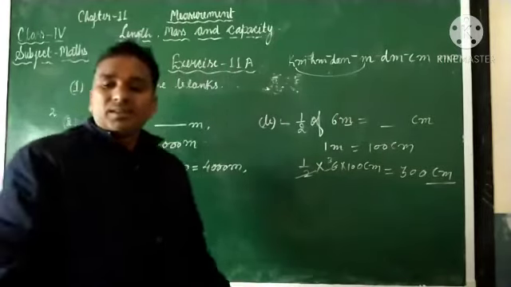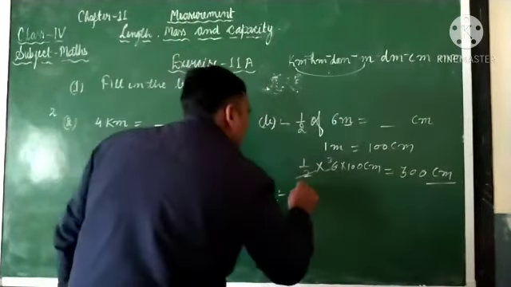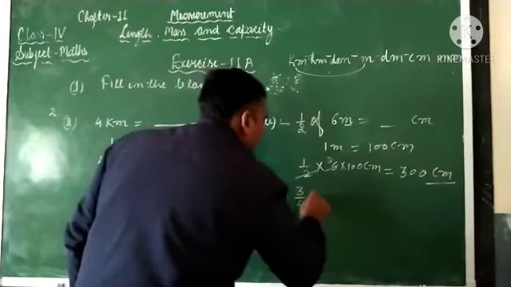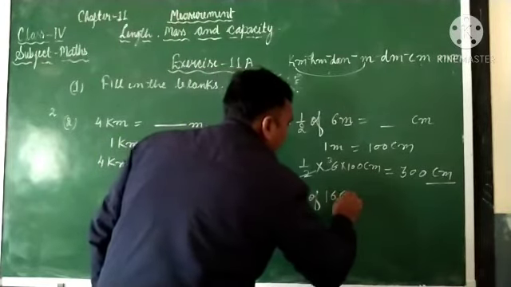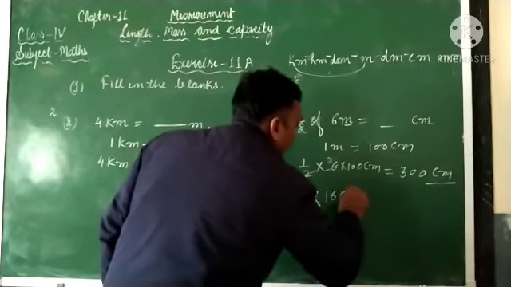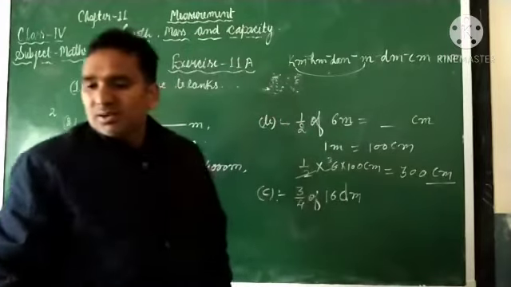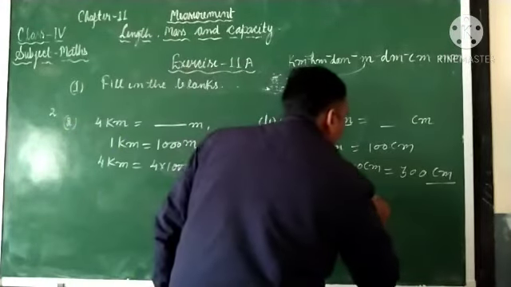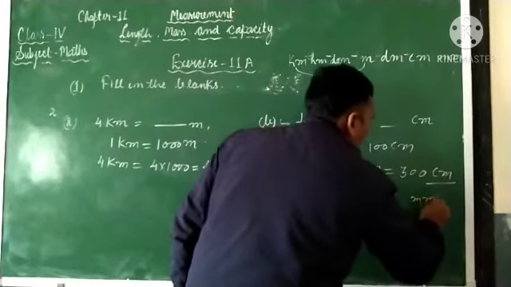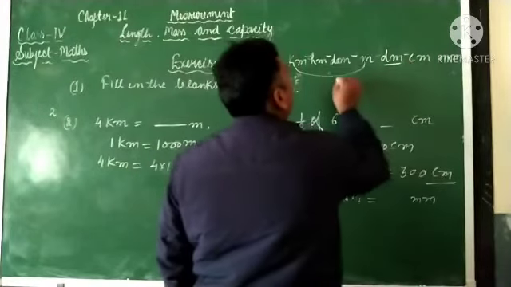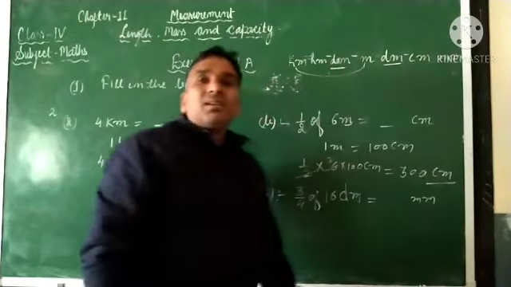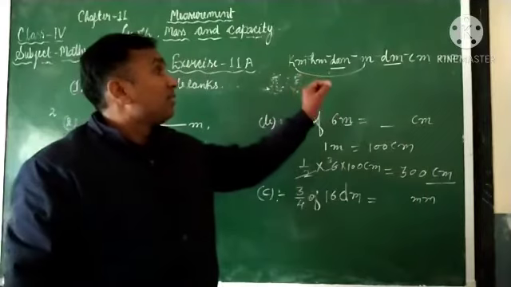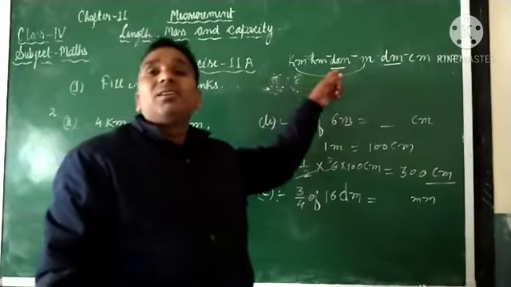You can convert. See one more part. 3 by 4 of 16 dam, dm equals dash mm. Here there are two quantities, dm and dam. dm is the smaller unit and dam the greater unit.